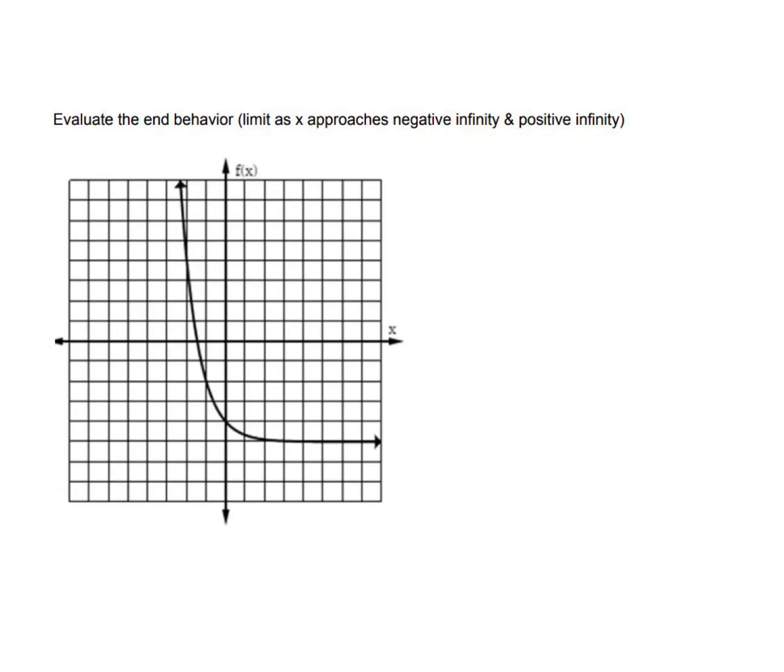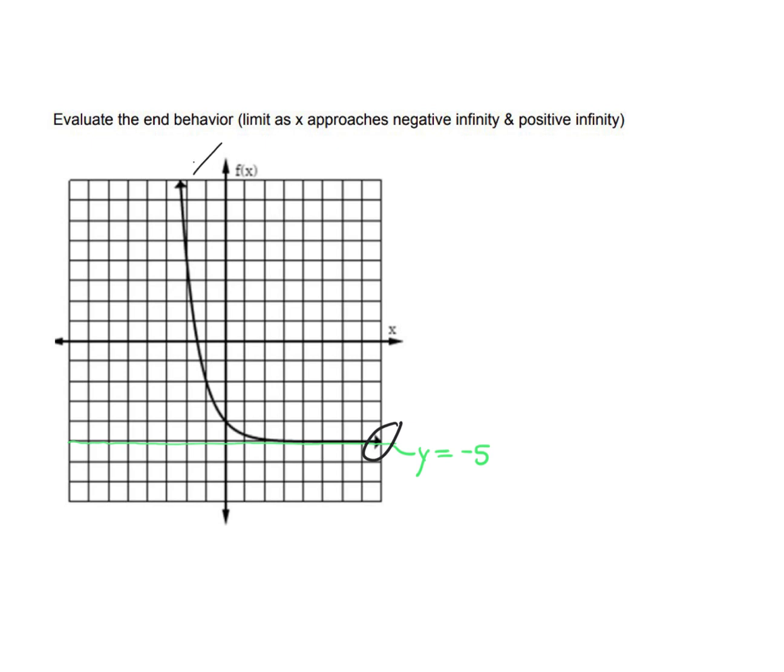Okay, so for this last one, we have a horizontal asymptote at y equals -5, but only this part of the graph is actually as it approaches infinity, gets closer to it.